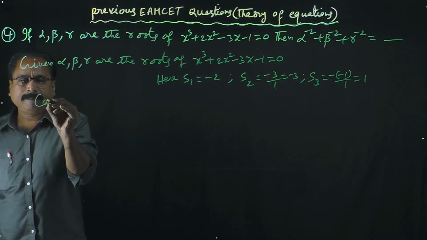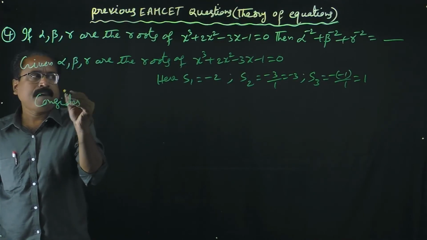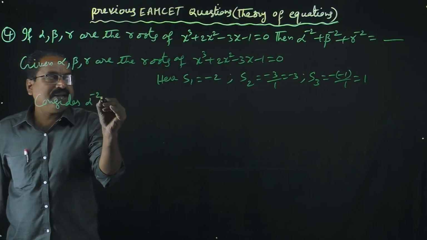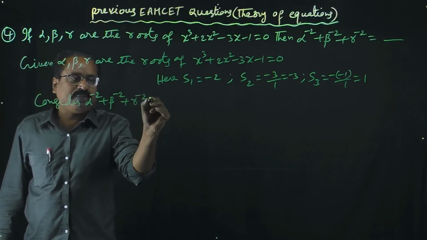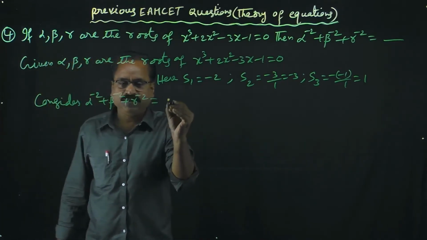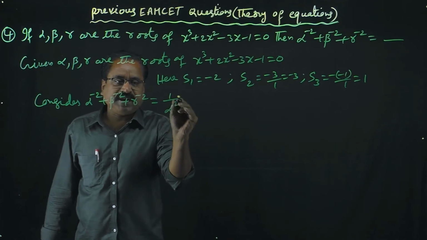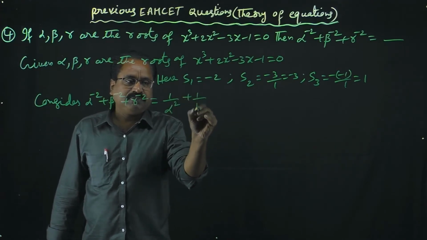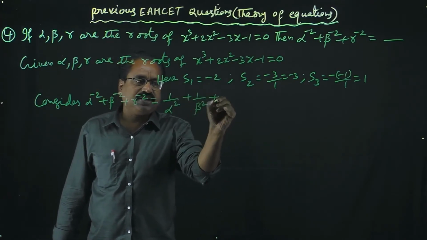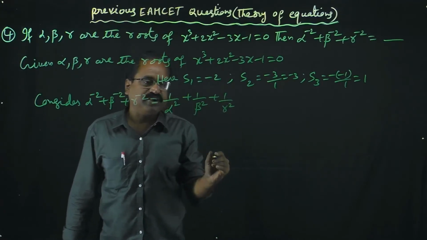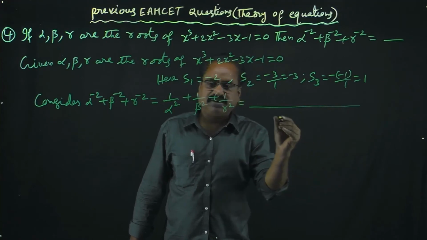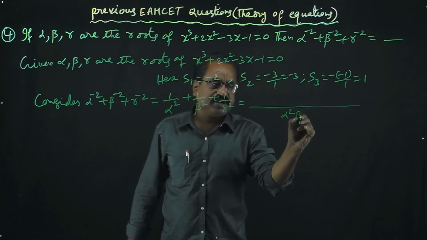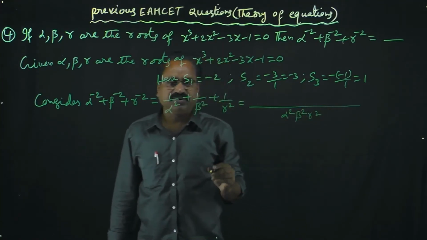Consider alpha power minus 2 plus beta power minus 2 plus gamma power minus 2 is equal to, this can be written as 1 by alpha square plus 1 by beta square plus 1 by gamma square, that is equal to, here LCM is alpha square, beta square, gamma square.